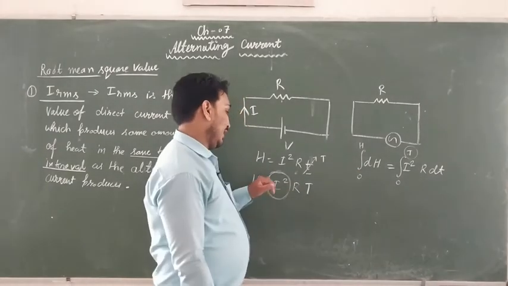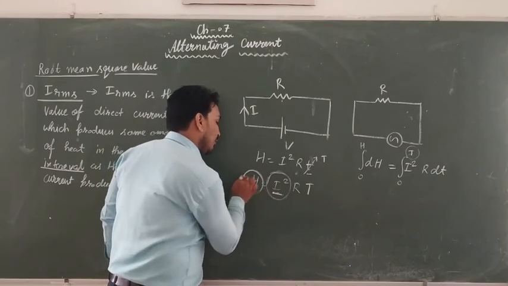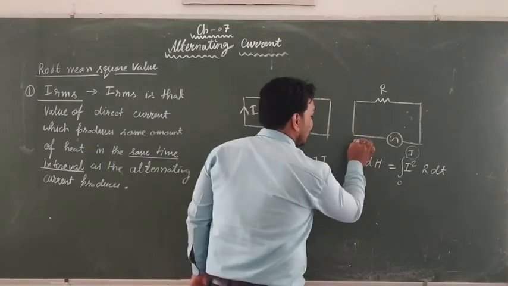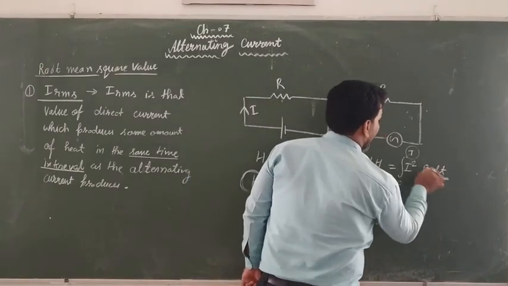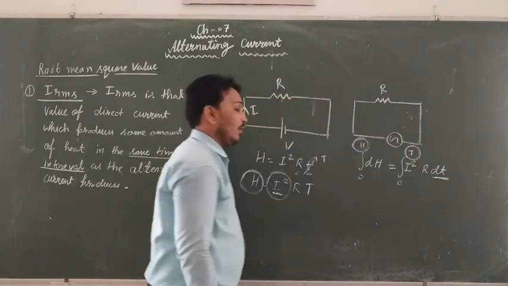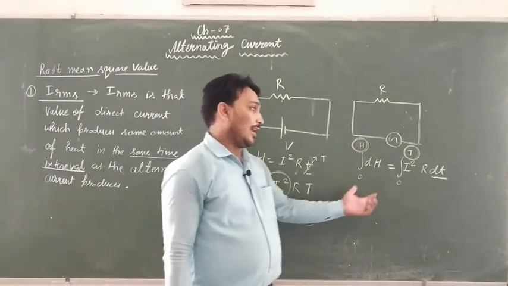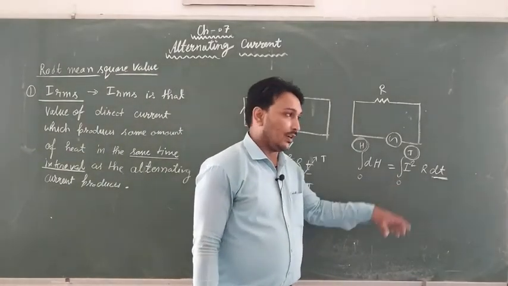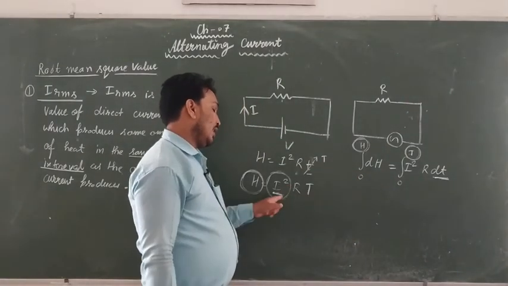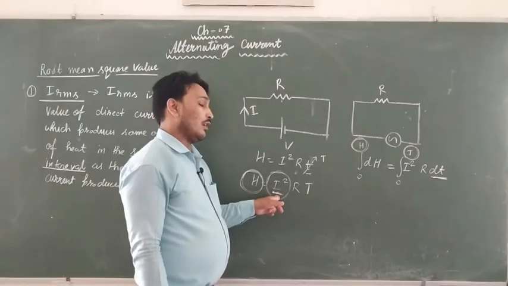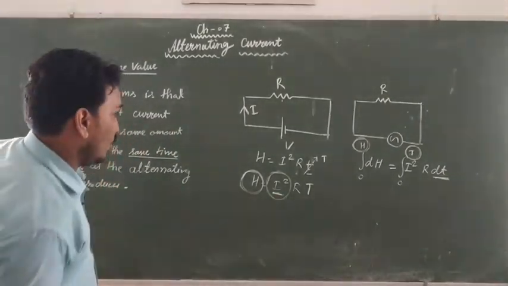It is that value of direct current which produces the same heat as is produced by alternating current for the same time interval, and that time interval is one time period. First of all we are going to calculate the heat for the alternating current, and then we are going to equate that heat to this, and then we are going to get this value IRMS. So this is the procedure, this is the strategy. Let us move ahead.